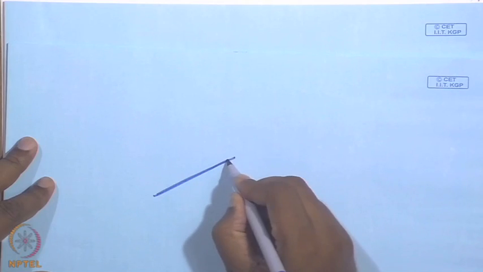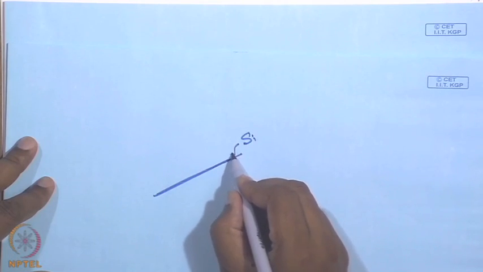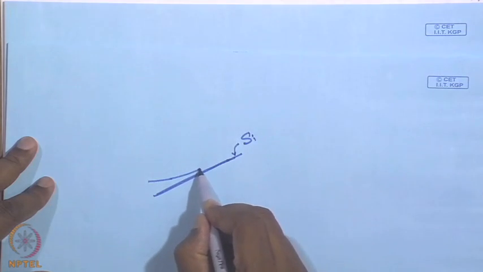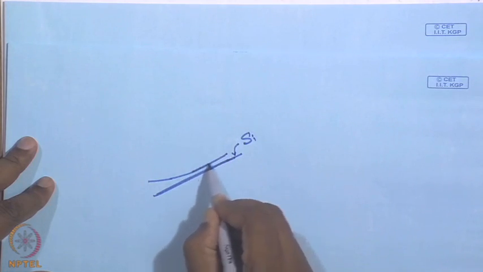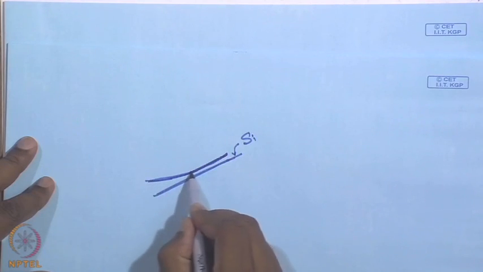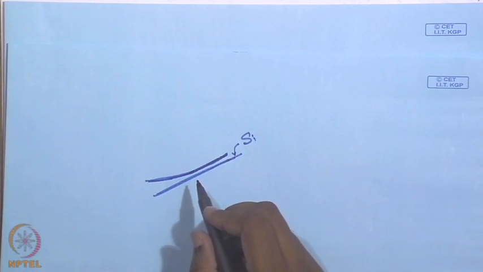This is a silicon surface. The reason silicon was chosen is because the cleaning techniques of silicon wafers are well documented and have evolved over the years as a result of the requirement of the electronics industry.